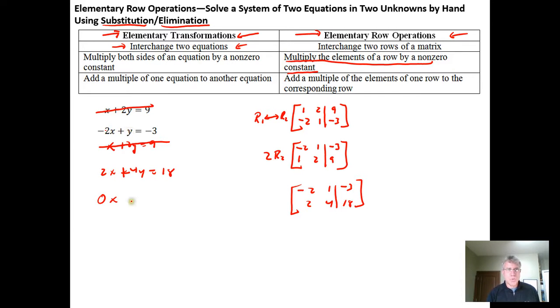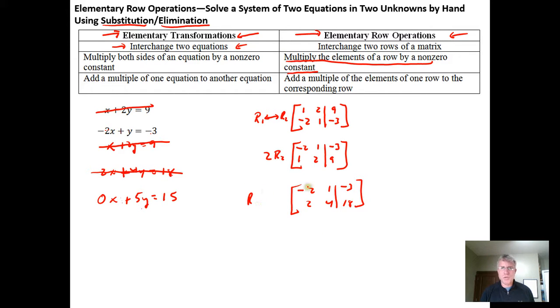Y plus 4y is 5y equals negative 3 plus 18, which is 15. Usually when you're doing a solution process, you don't keep the 0x, but effectively what we do is we add this to this, we get that 0, and then we throw this guy away. And we say now we're going to use this and this to find our solution. We've made a move that preserves the solution set.